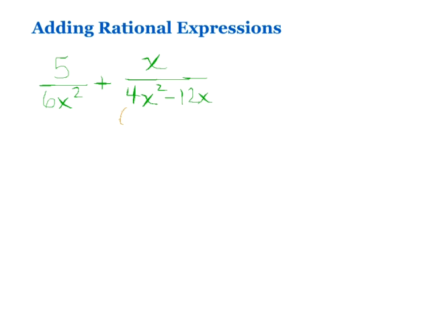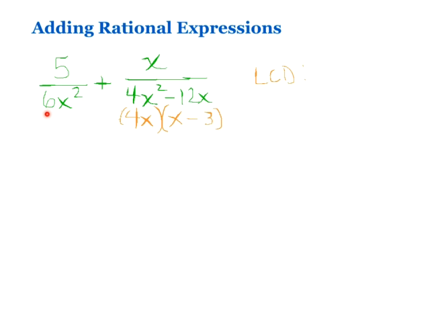So we can take out a 4x from both of those terms, and that's going to leave us with an x minus 3. Okay? And so now, as we compare our factors, we want to be looking for which factors I have the most of. So let's start with the numbers.